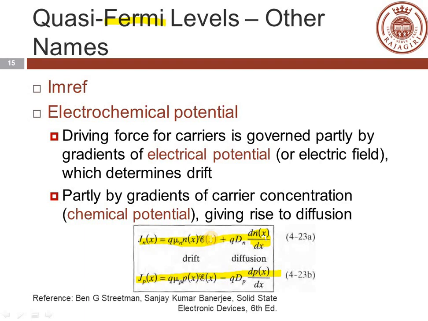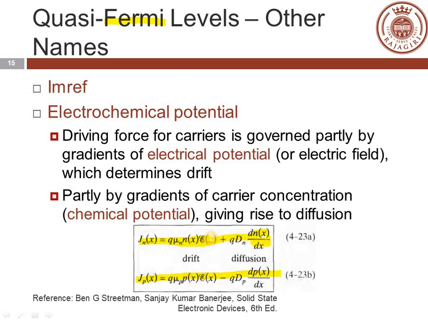So with this we are winding up the second module. In this last session, we have seen the diffusion and recombination concept. Then we derived the continuity equation, and then the diffusion equation for both electrons and holes.